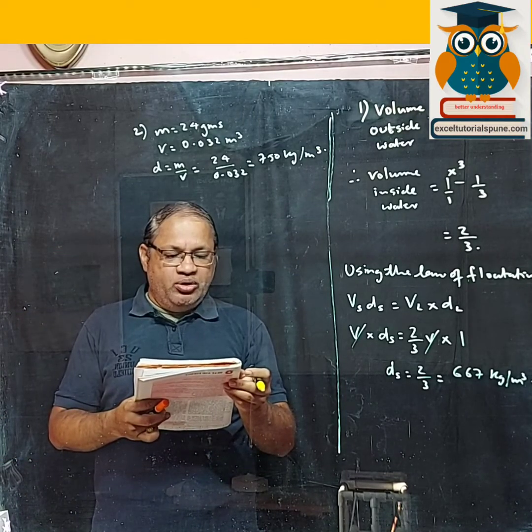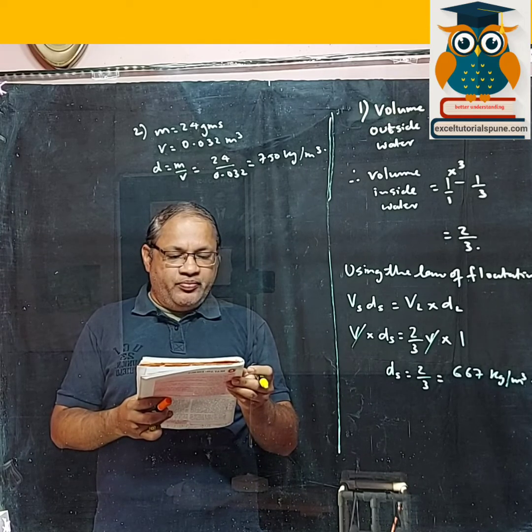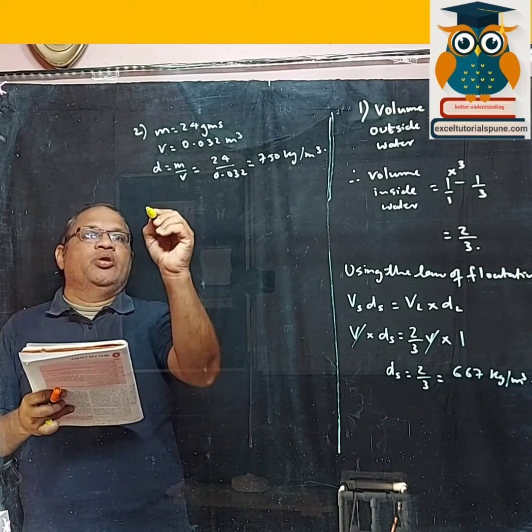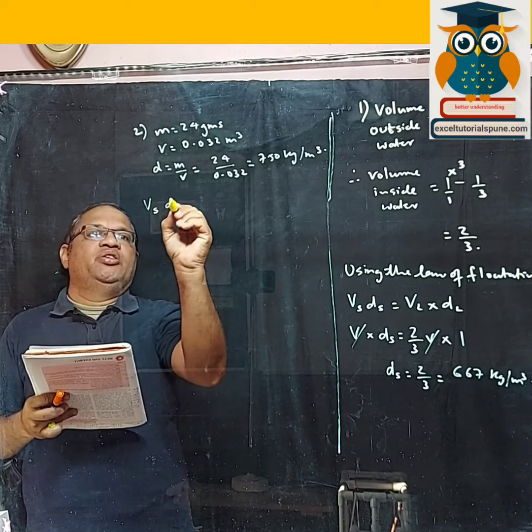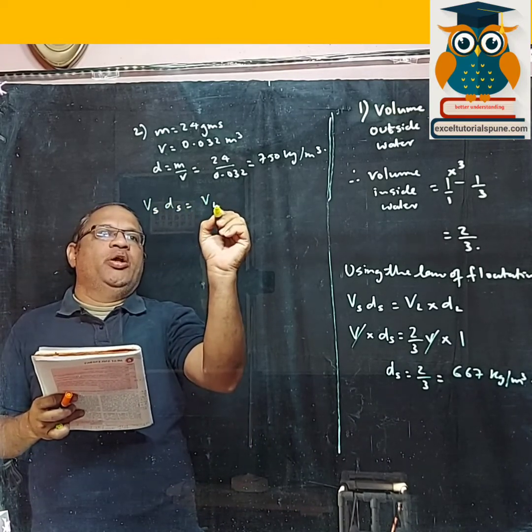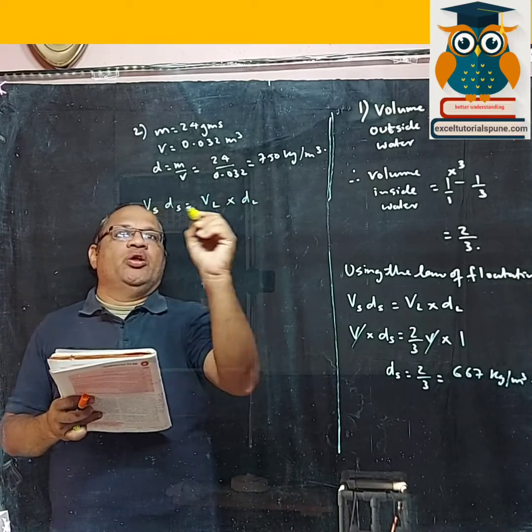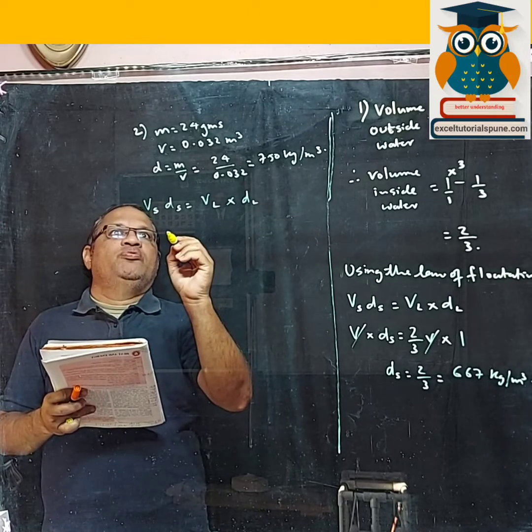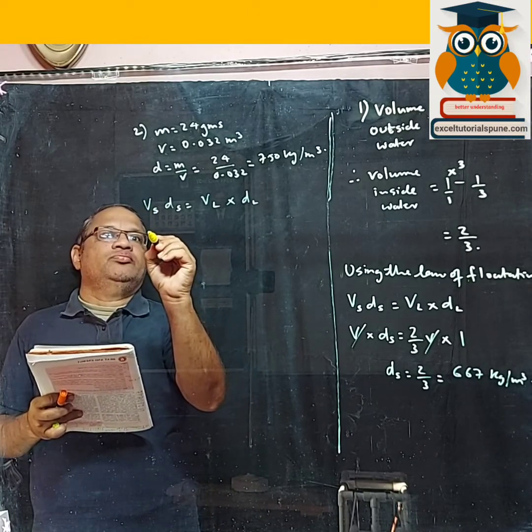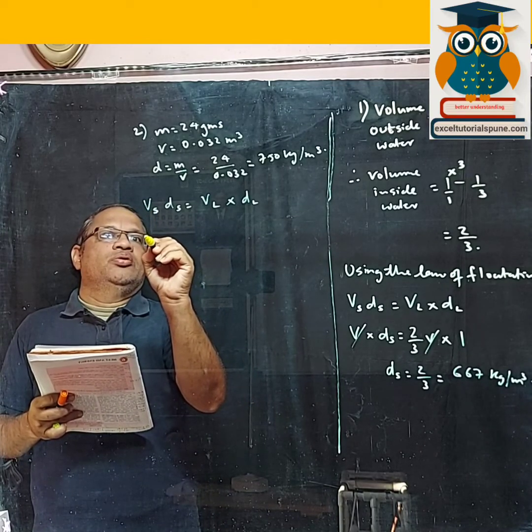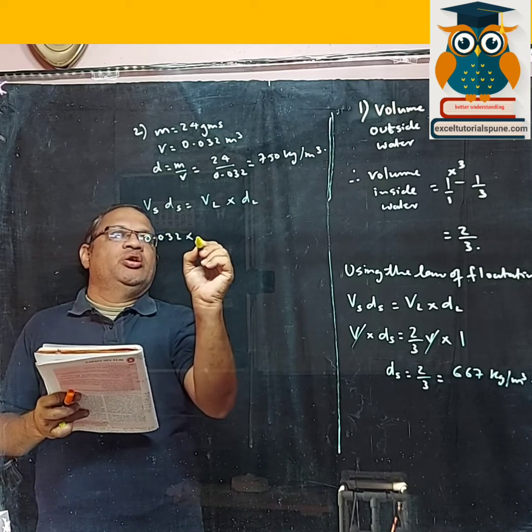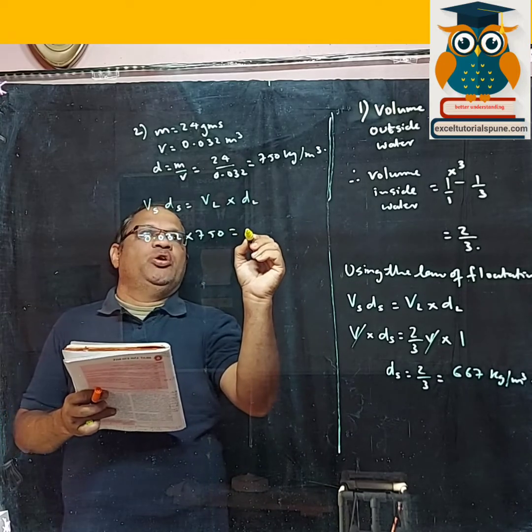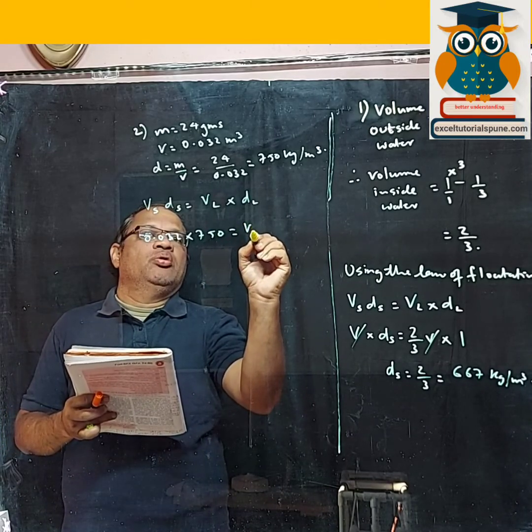Now you have to find out the volume of the block below the surface of the water. So volume of solid into density of solid equals volume of liquid into density of liquid. This is the law of flotation. Volume of solid is 0.032. Density of solid is 750. Volume of liquid we have to find out.